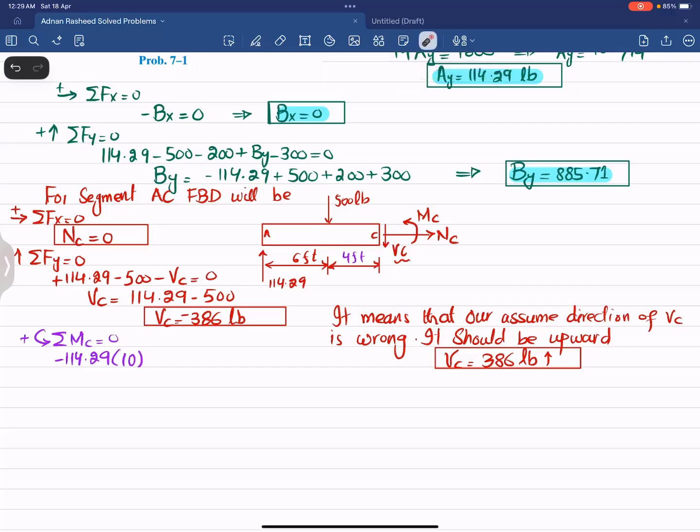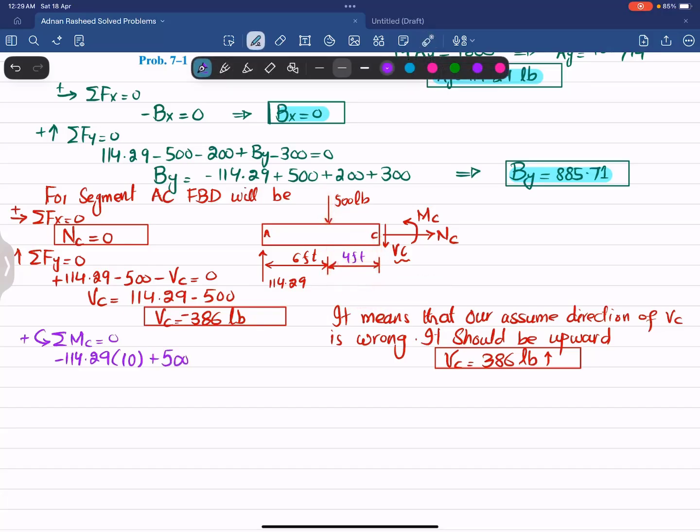The second moment is due to the 500 pound force, with a perpendicular distance of 4 feet, producing a counterclockwise moment, so it is positive: plus 500 multiplied by 4. The third moment is MC, which is counterclockwise, so it is taken as positive. Their sum must be equal to 0.